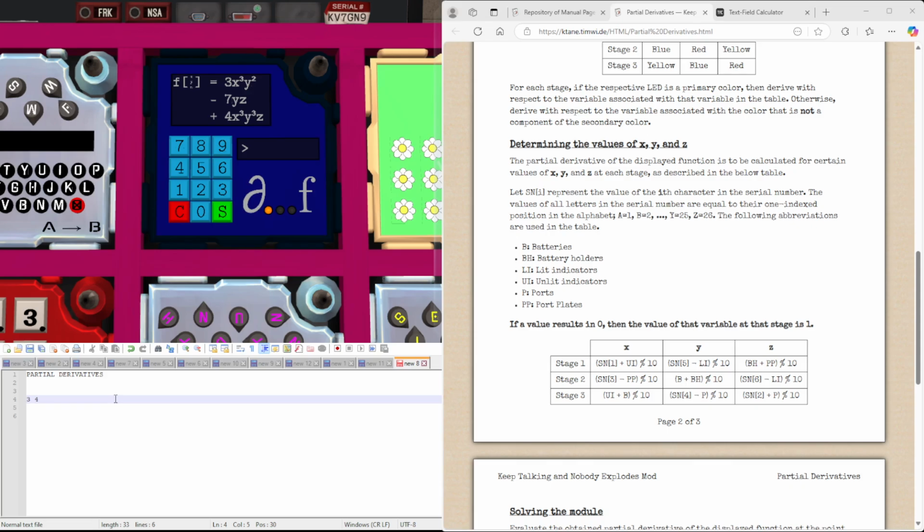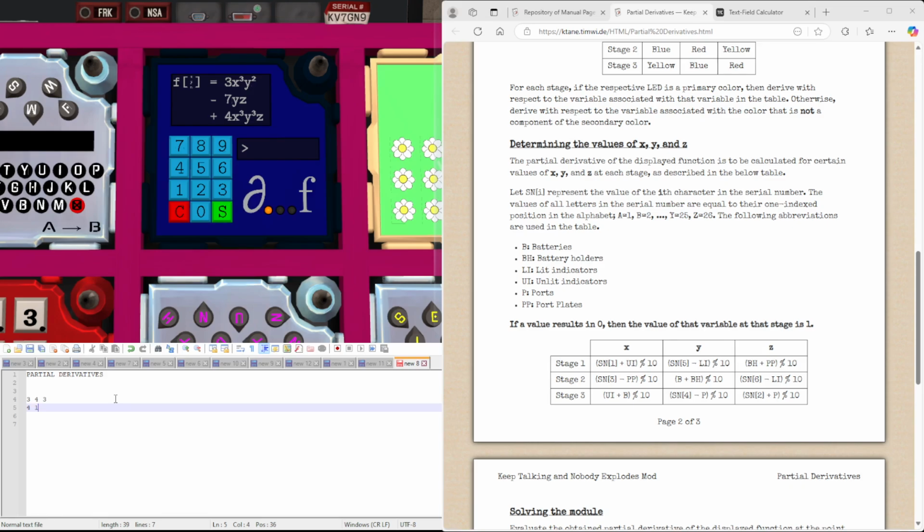Then 3, 7, minus port plates 4. 7 goes to 4. Various plastic holders is 0, which results in 0. The value for that variable is 1.